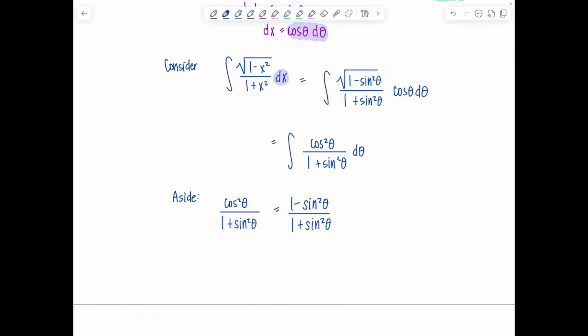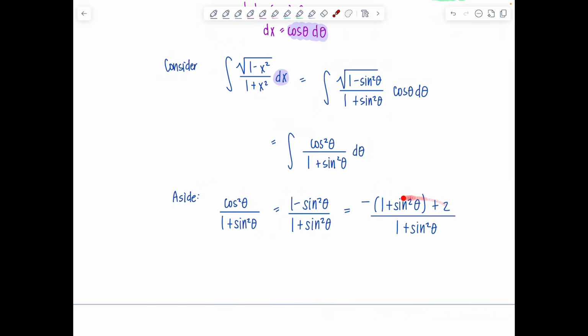Now you could do long division, similar to polynomial long division, or you could do a sneaky little algebra trick. So 1 minus sine squared theta is equivalent to negative (1 plus sine squared theta) plus 2. Take a second, check. I'm not making it up. If you distribute the negative, that's negative 1, negative sine squared theta. Adding 2, the negative 1 becomes a positive 1.